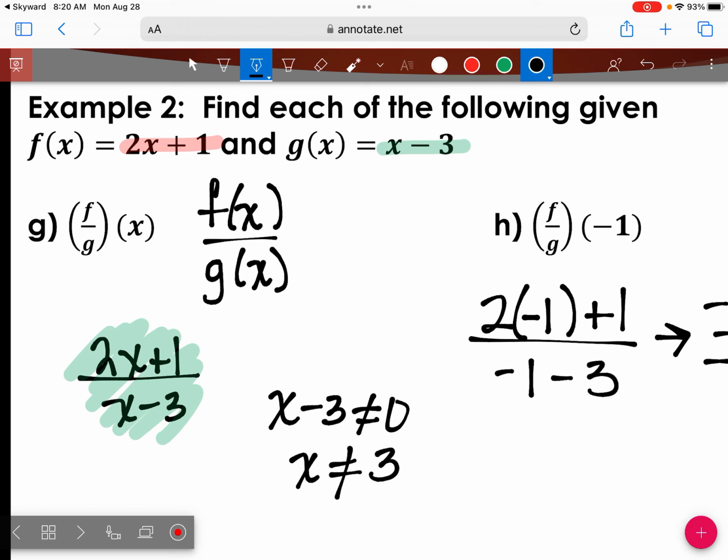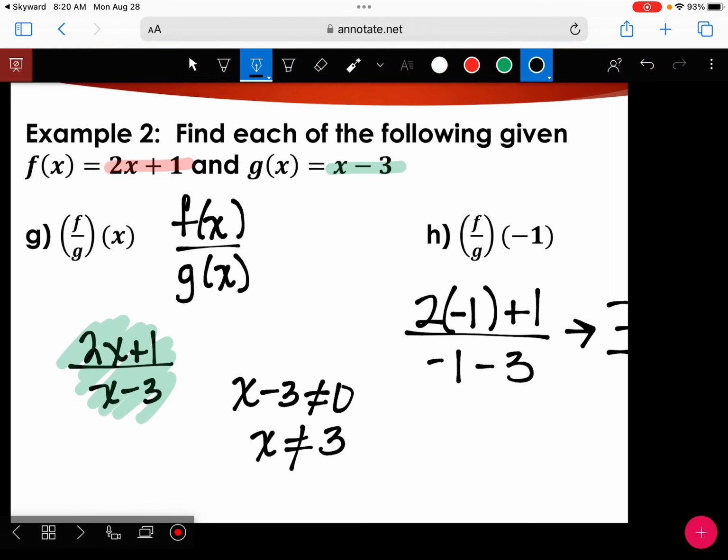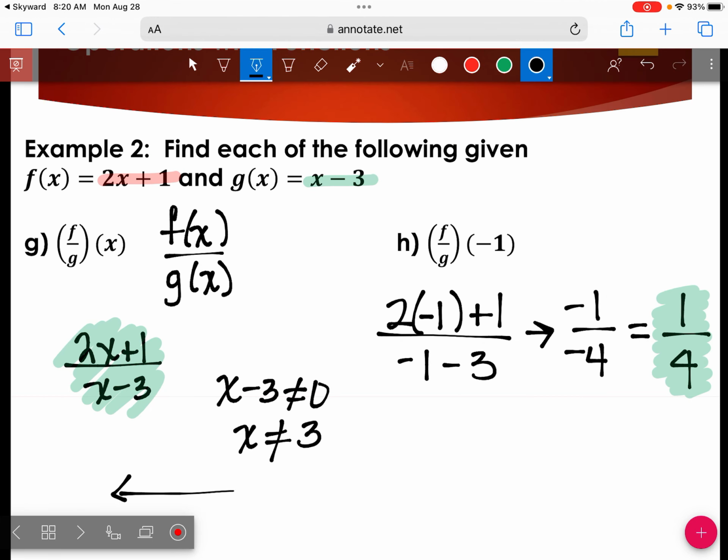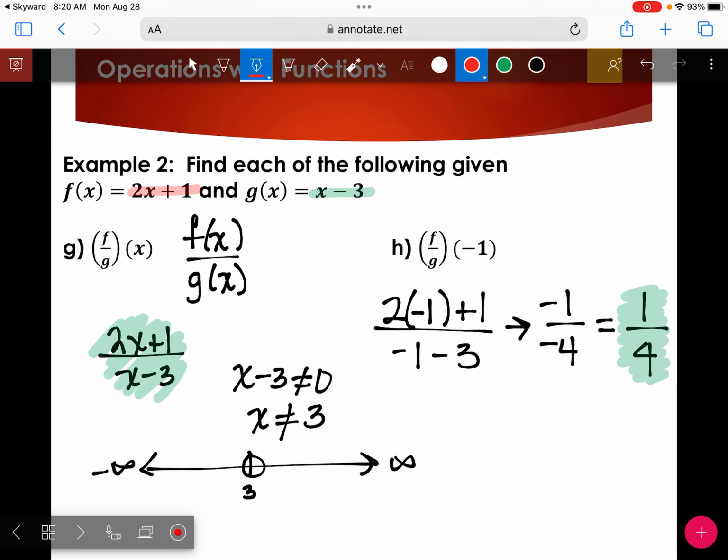X cannot equal 3. So 3 would have an open circle. So yep, it would be -infinity to 3 union 3 to infinity.